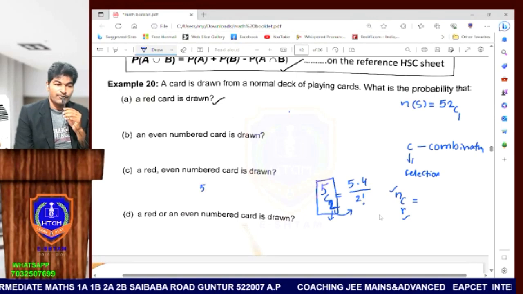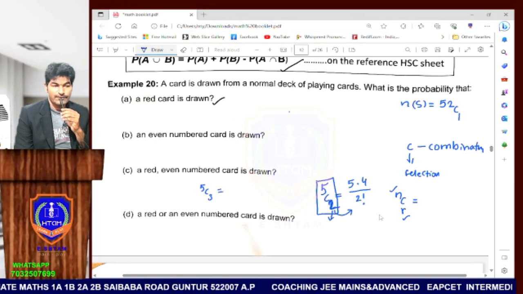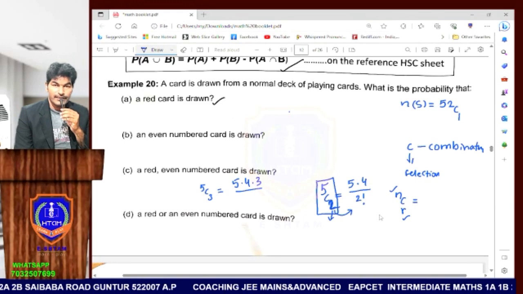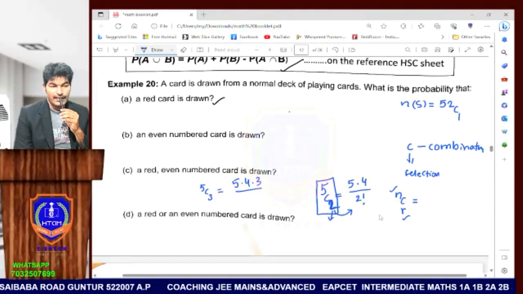For example, if you want to calculate 5C3, then what to write? 5. What is the next number? 4. What is the next number? 3. That means you have to write 3 factors continuously starting from 5, and in the denominator, you write 3 factorial.